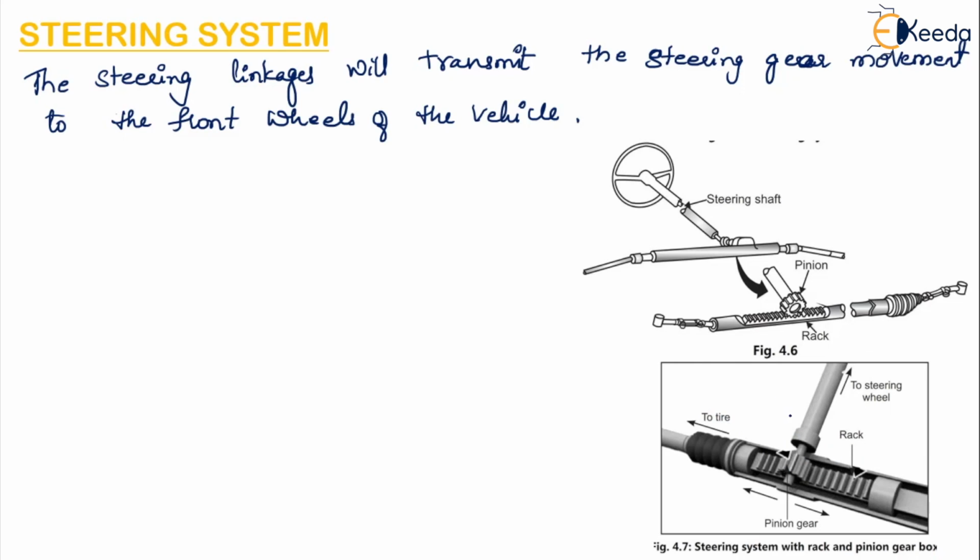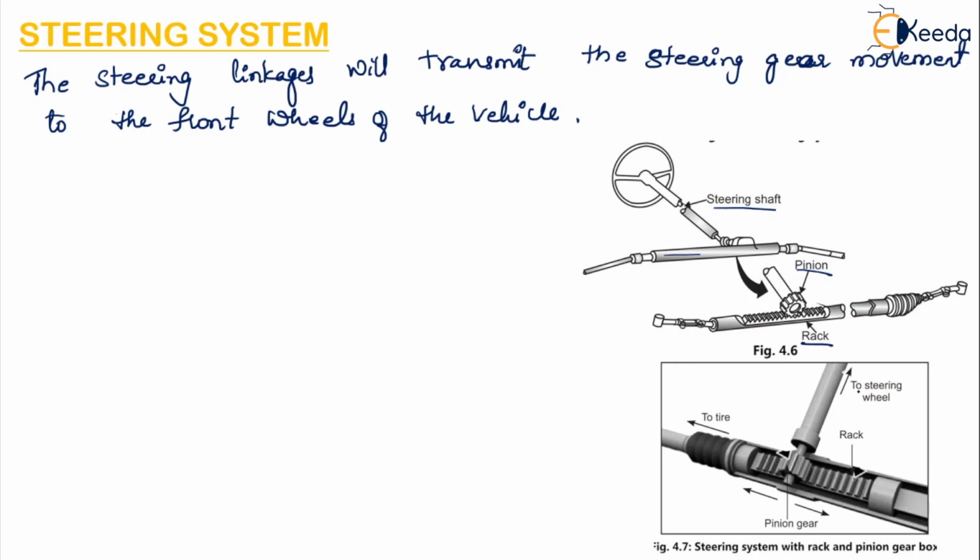You can see this steering system consists of a steering shaft, this is the steering wheel here, this is the pinion, and this is the rack.